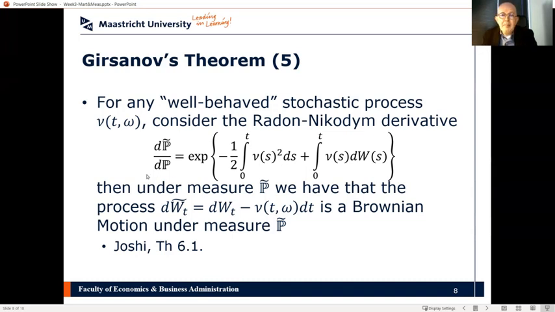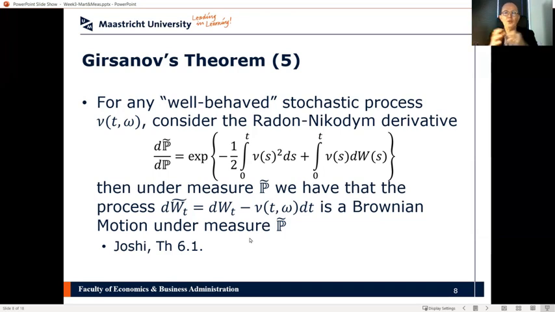Then this thing is a martingale under the original measure P, and the new process that is sitting here is the process that says if my original Brownian motion minus nu dt, that process with drift becomes a Brownian motion, a standard Brownian motion without any drift under the new measure P tilde. And for more details, you can look in the book by Yoshi in Theorem 6.1, where he also talks about Girsanov's theorem.